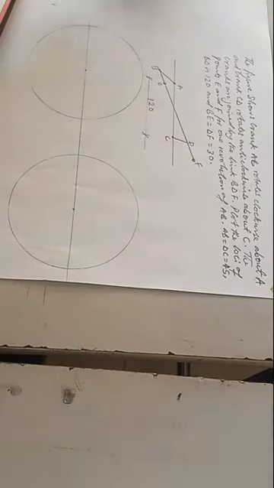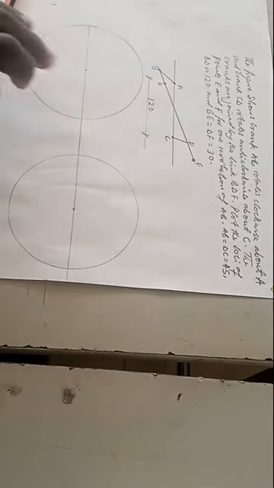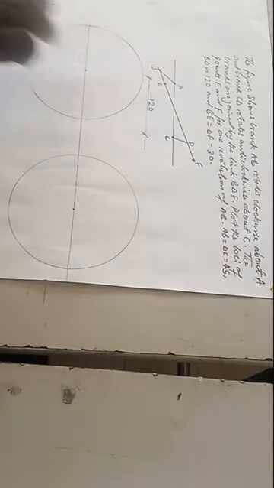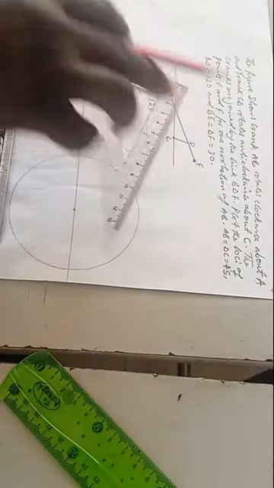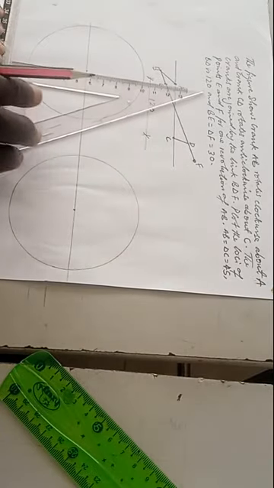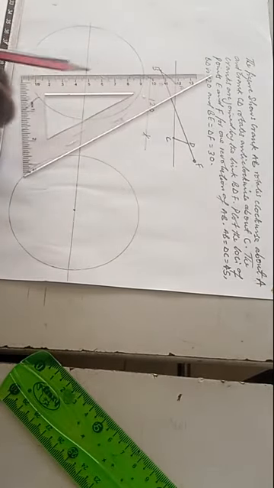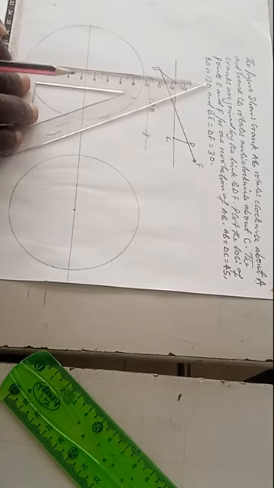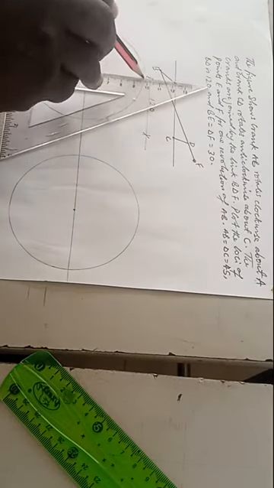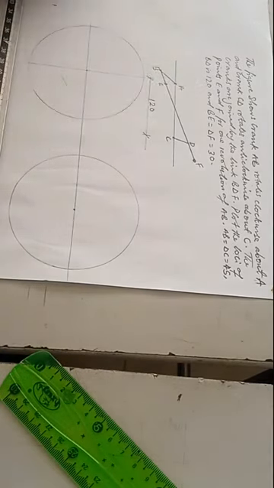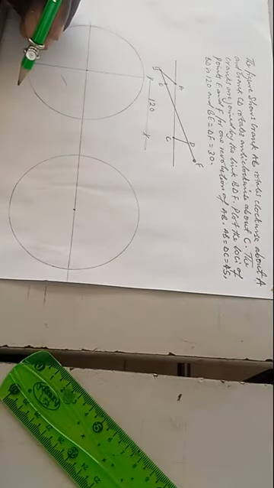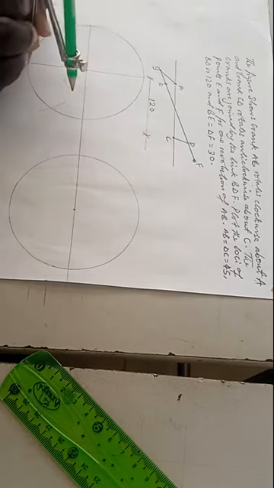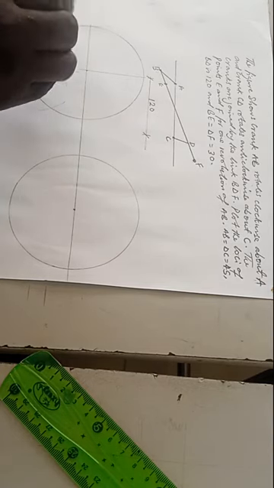Since it is AB that I have been told will complete one revolution, let us divide the circle of AB into 12 equal parts. The same radius of the circle, you use it to mark arcs round, right and left.